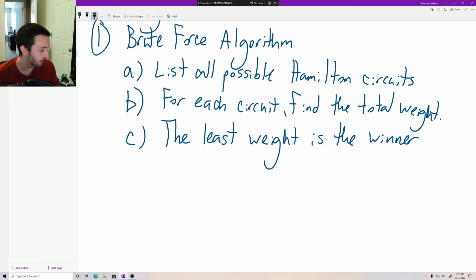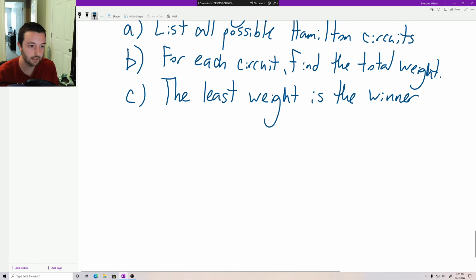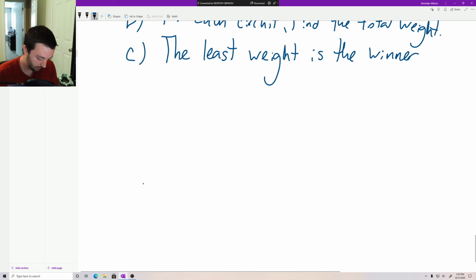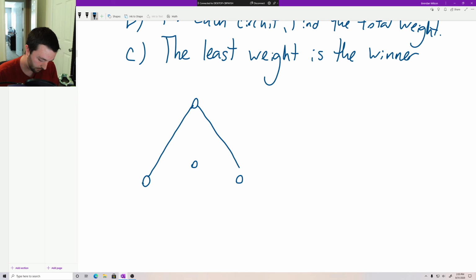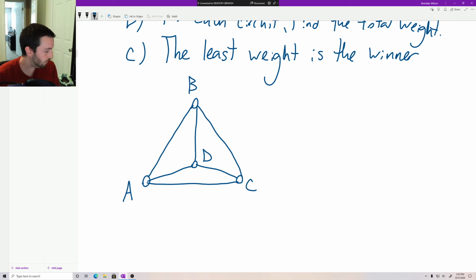So let's look at this example that they give in the book. We have A, B, C, D. Actually, B and C are switched.